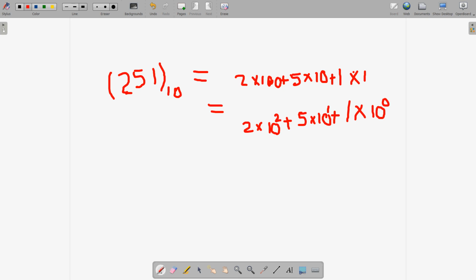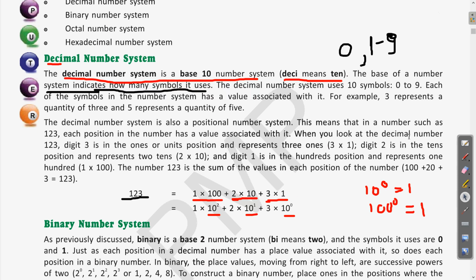Clear? So this way we can see that all of these digits are represented with the base with the increasing power. Clear? Here you can see it is 10 raised to the power 0, 10 raised to the power 1, and 10 raised to the power 2. So this is the representation of the numbers according to their increasing power of the base.